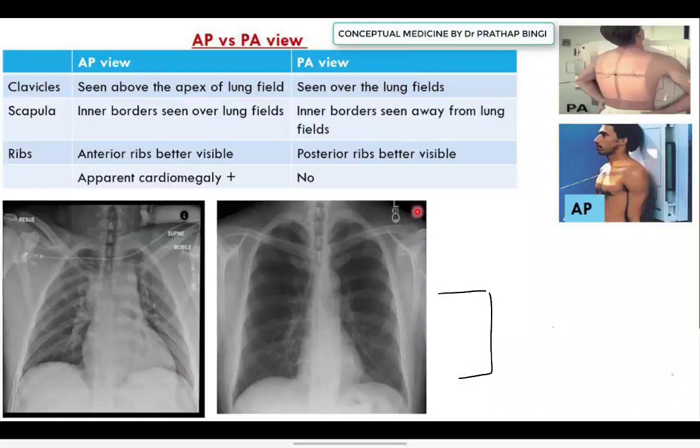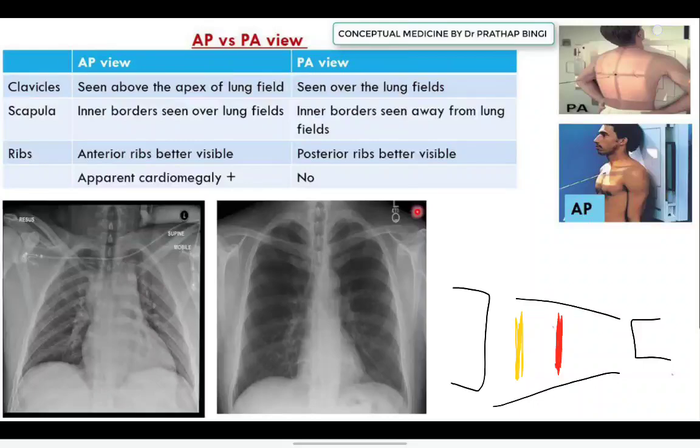Here the film, here the X-ray tube, here the beam. I have two structures, a red one and a yellow one. Here the red one is far away from the film, so in the resultant image the red one will be magnified more than the yellow one, which is near to the film.